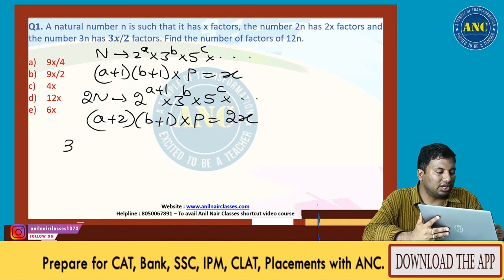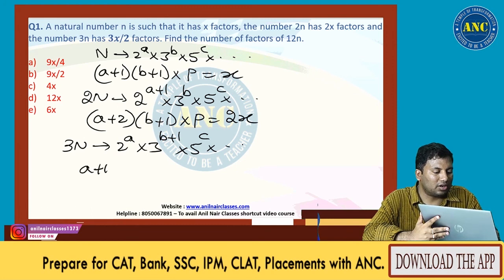If it is 3n, 3n is 2 power a into 3 power b plus 1 into 5 power c and so on. (a plus 1) into (b plus 2) into p equivalent to 3x by 2.